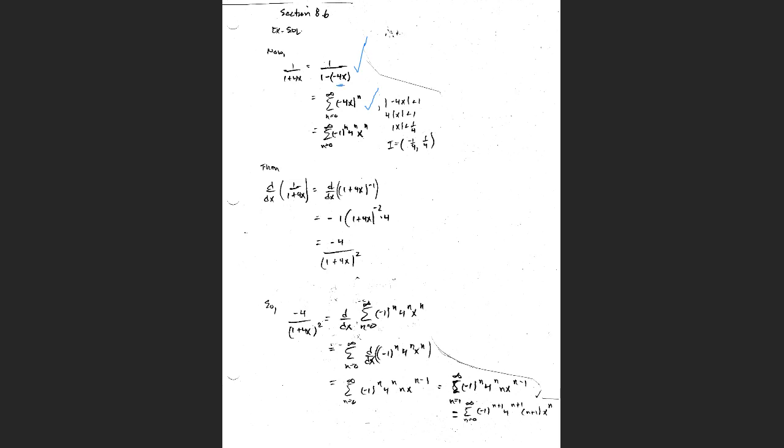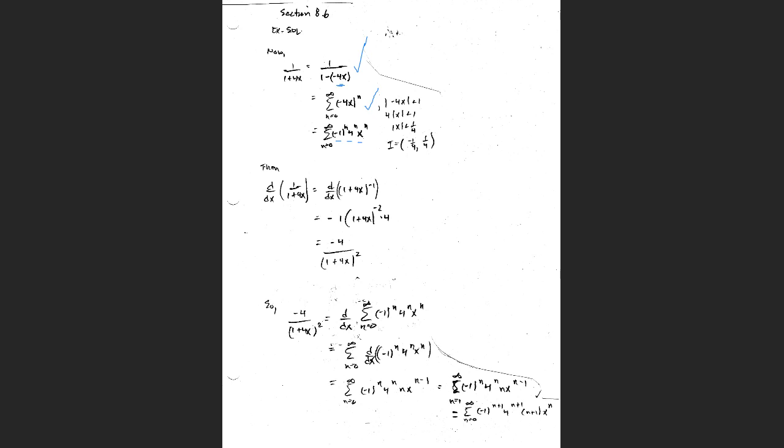And then I can write that formula as the series. I think the writing's okay, but let me know if you can't read anything. Negative 4 times x to the nth power can be written as negative 1 to the nth power times 4 to the nth power times x to the nth power.